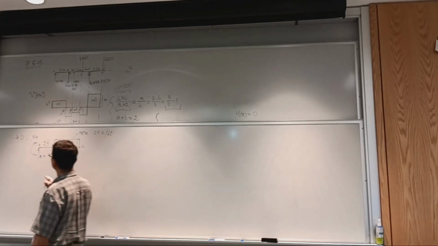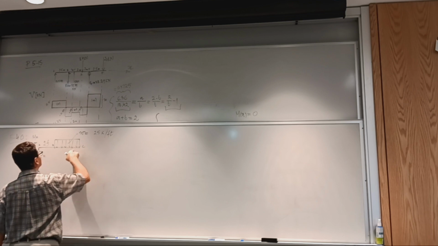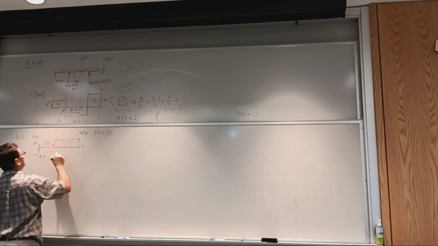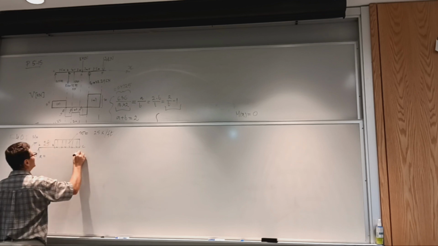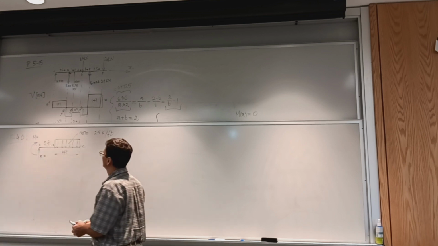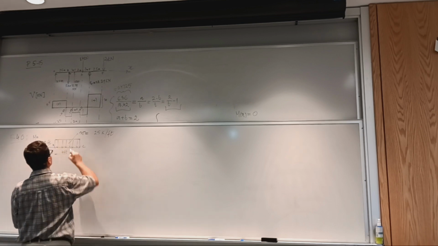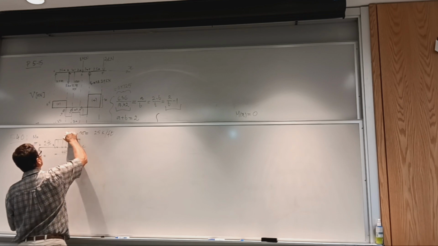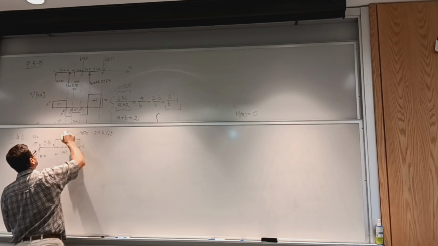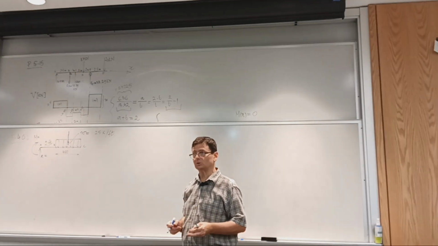To get them, I need to find the equivalent concentrated force to this distributed load. So we had 2 feet, and this whole thing is 4 feet. From statics, the equivalent to the distributed load is a force equal to the area, located at the centroid of the distributed load figure.